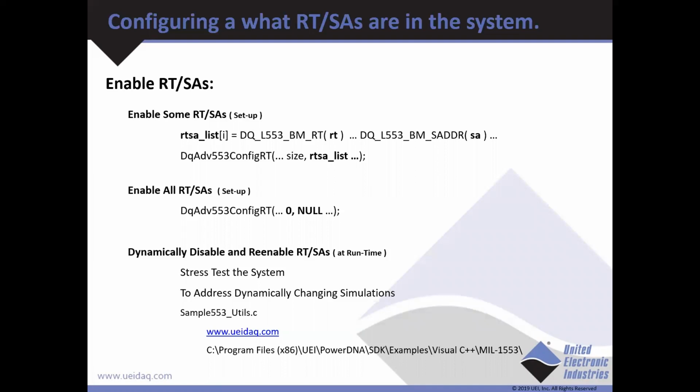Or you can use 0 and null as arguments, and every RTSA in the system will be enabled. You can also dynamically disable and re-enable RTSAs at runtime to stress the system or to address dynamically changing simulations. You may need 5 RTSAs for one simulation and 22 for another.